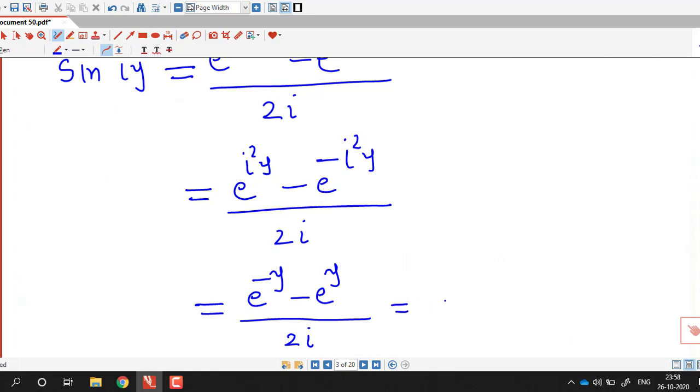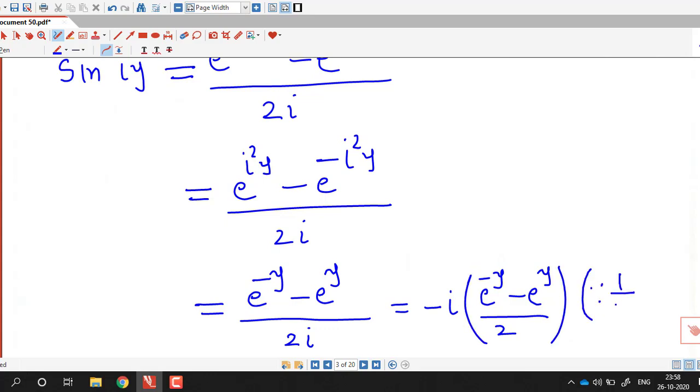Now 1 upon i is nothing but −i, so we can write 1 upon i equal to −i.